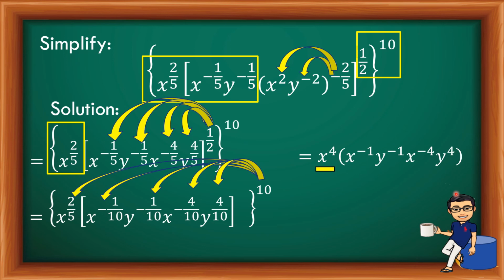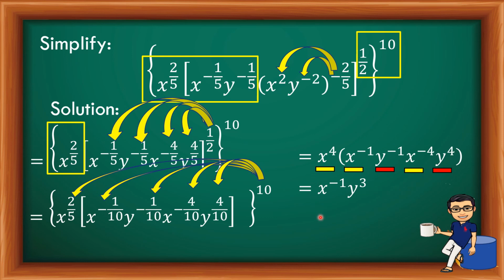This time around, we are about to simplify those with the same base. x to the 4th, same base. This x raised to negative 1, and this x raised to negative 4. The same with y raised to negative 1 and y raised to 4. So we simplify those. Let us start with x to the 4th, x to the negative 1, x raised to negative 4.